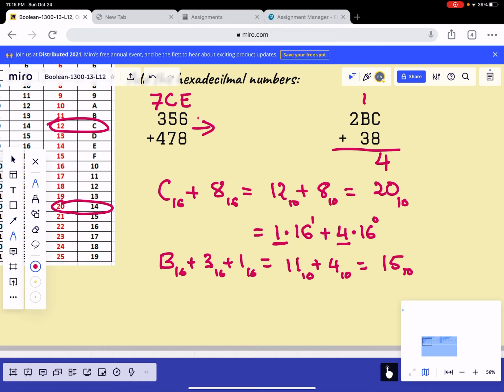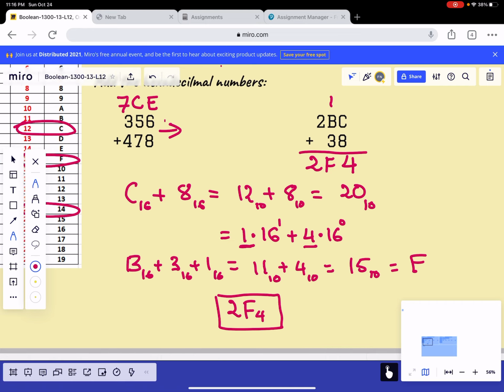And 15 decimal is letter F. So I'm going to write down letter F for 15. And then 2, right, bring it down, 2. So 2F4 is your answer. 2F4, and this is the answer for the addition problem 2BC plus 38.